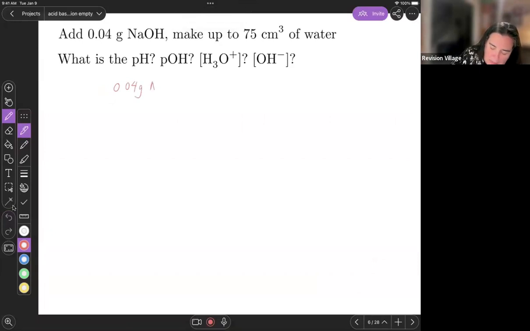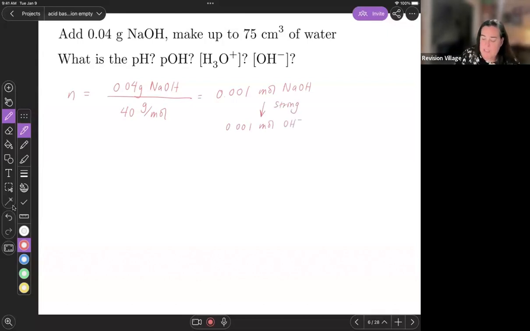0.04 grams of sodium hydroxide. I could convert it to moles by dividing by the molar mass. I would get 0.001 moles of sodium hydroxide. Sodium hydroxide is a strong base, so it dissociates completely, and so this is the same as having 0.001 moles of hydroxide.